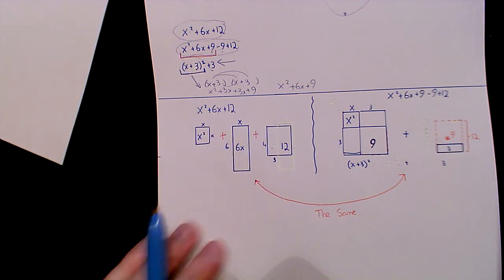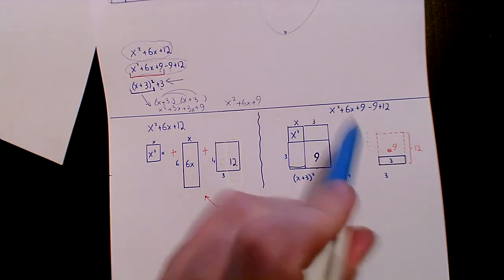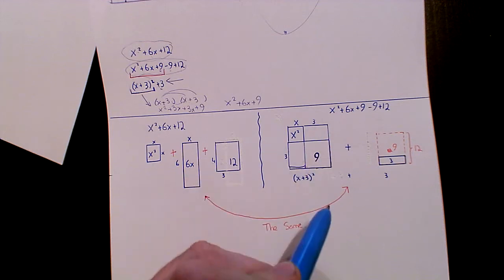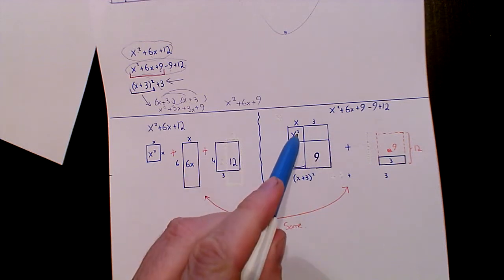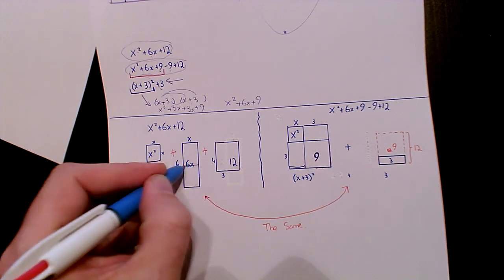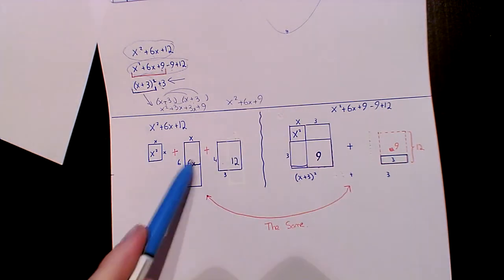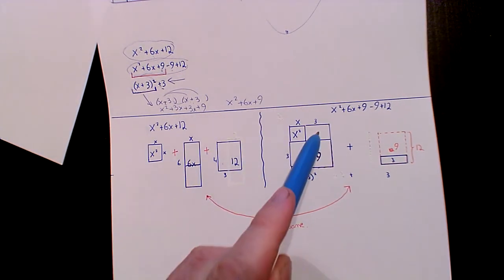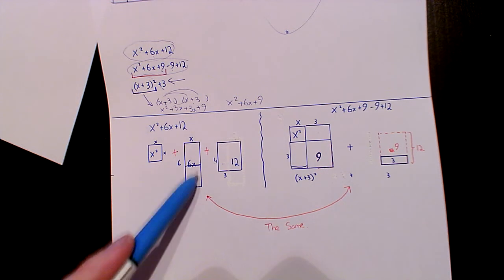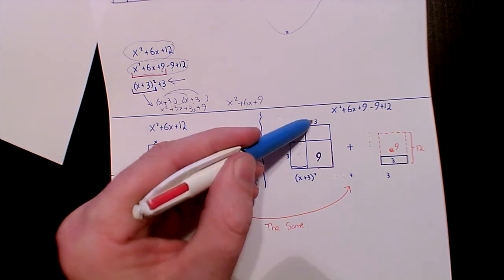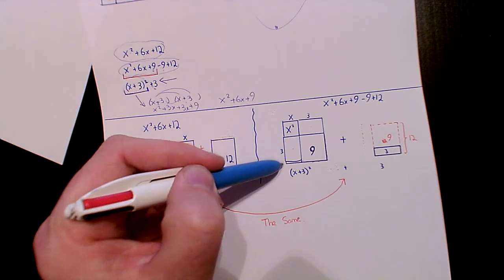Now look what I've done over here. If you look at this visual representation, I still have my x squared, but I split this in half. And I take one bit of it and I join it on. So I take one bit of it and I turn it this way. So there's that. I take the other half of it and I put it down here. So that's x plus 3 on one side, x plus 3 on the other.